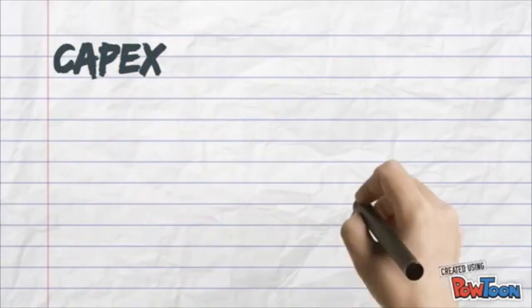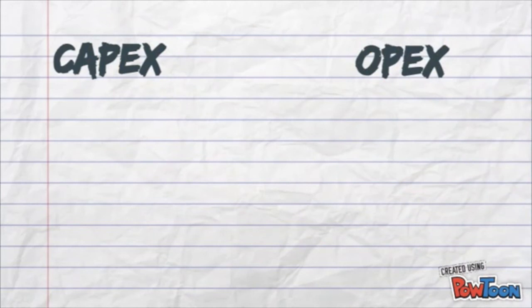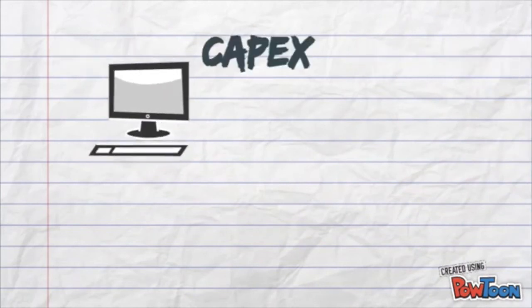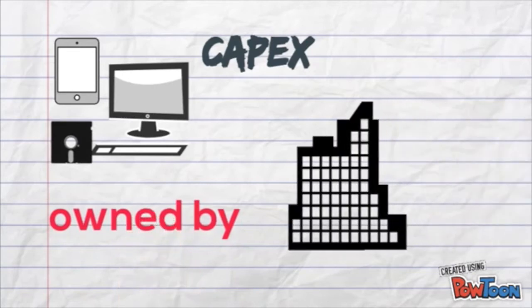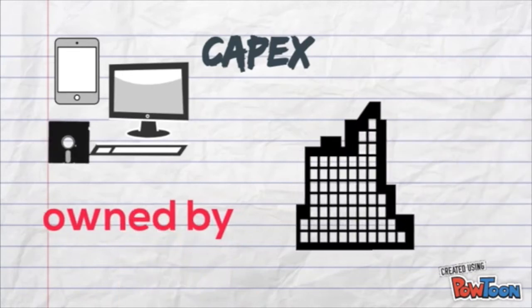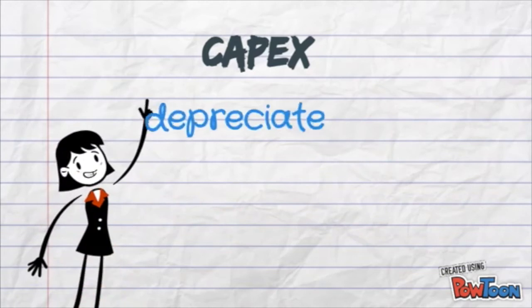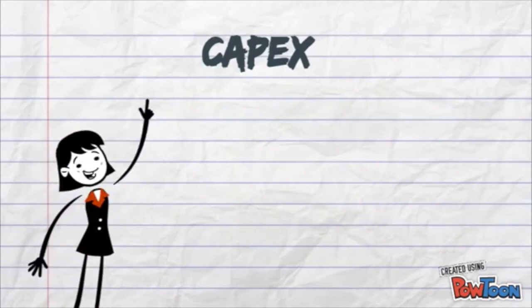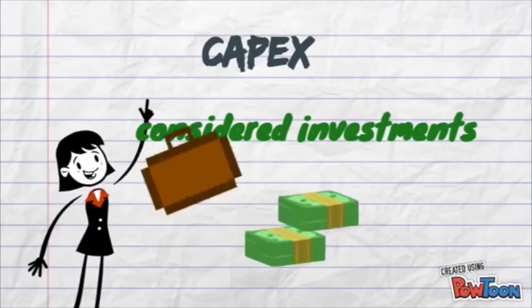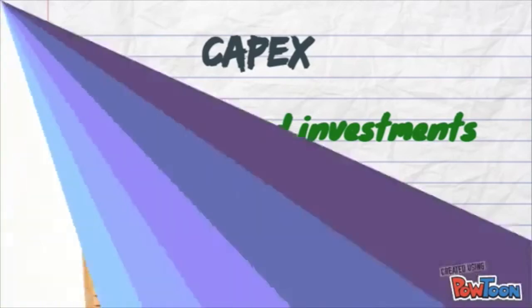So, what is the comparison between CAPEX and OPEX in technology advancement? For CAPEX, the facilities include hardware and software purchases, such as servers, computers, or a large software system, which are owned by the company and have to be depreciated and amortized for taxation purposes. It is considered an investment, which involves a large amount of cash.